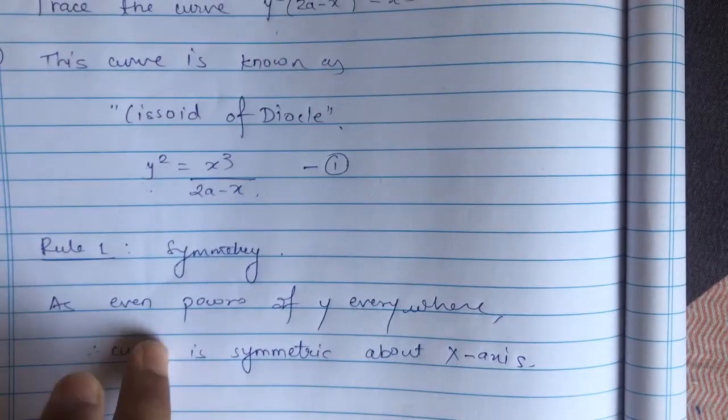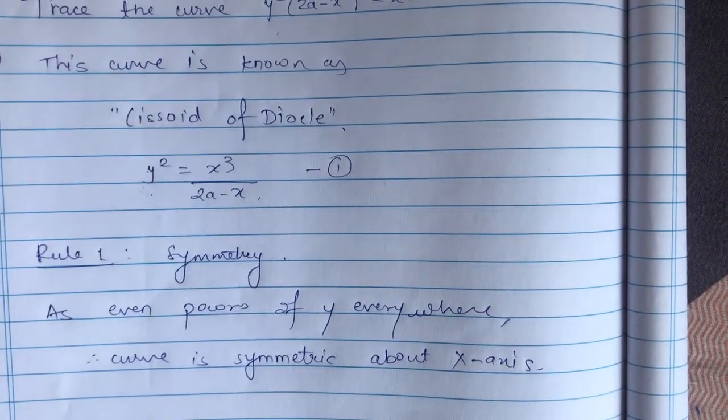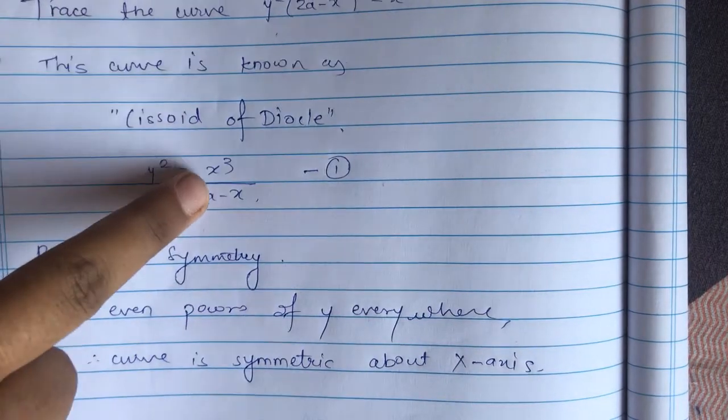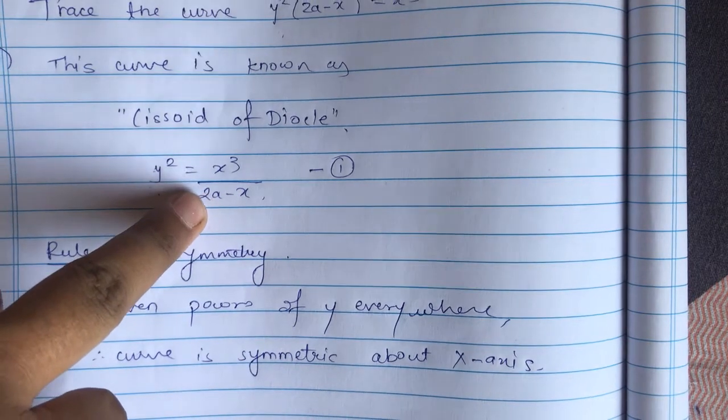Now for the next symmetries, it is not symmetric about the y-axis because there are no even powers of x, and it is not symmetric about both axes.